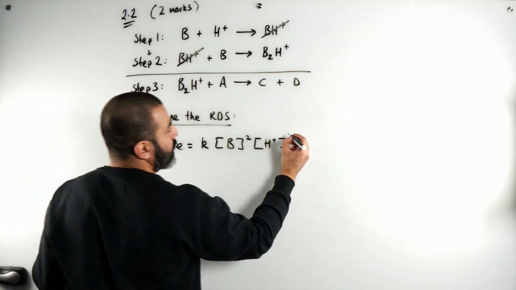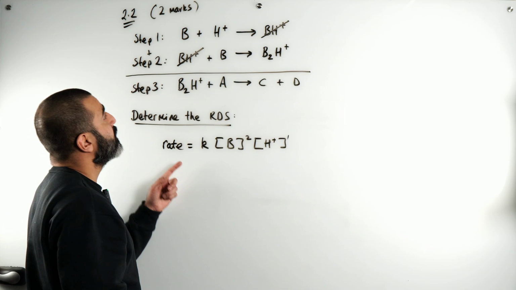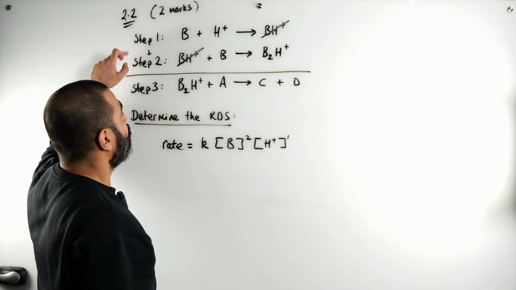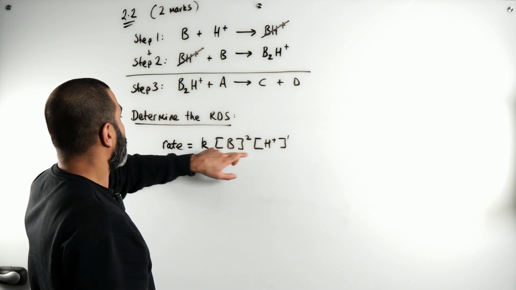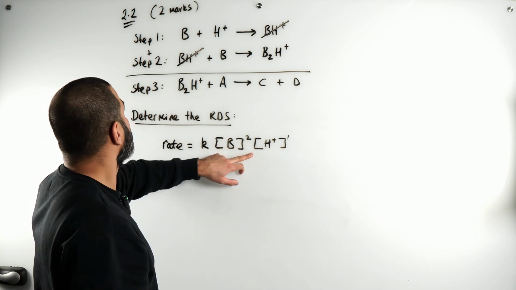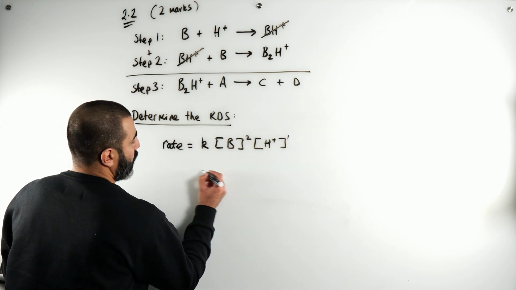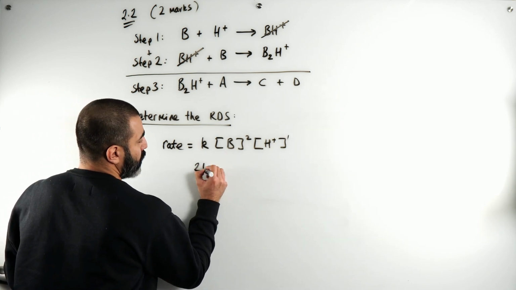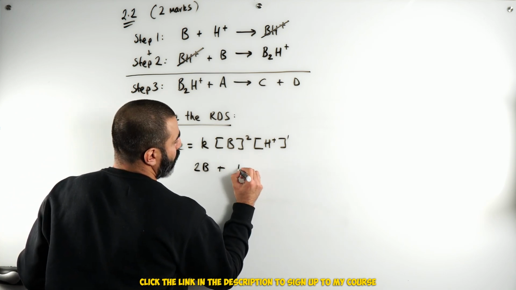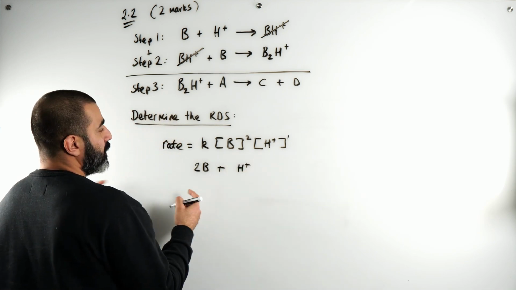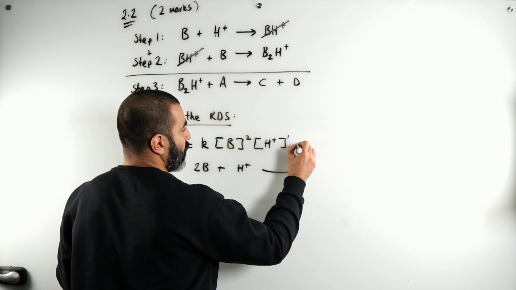So that's going to be H plus raised to the power of 1, okay? So having a look at step 1 and step 2, are we checking that it's consistent with the rate equation? It is, because you've got 2 moles of B effectively reacting with 1 mole of the hydrogen ions. So it's consistent with the rate equation.